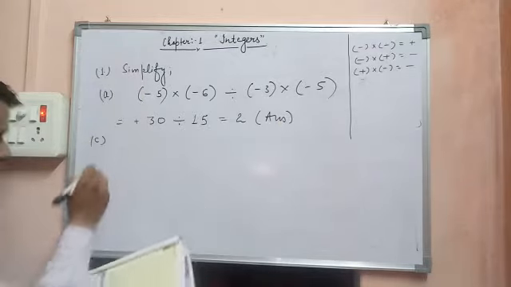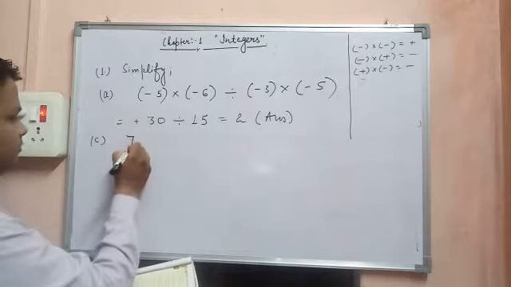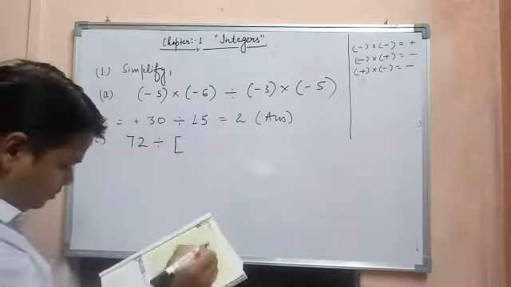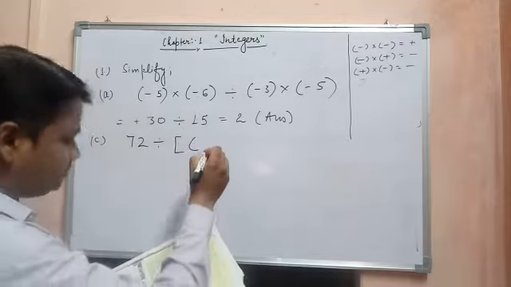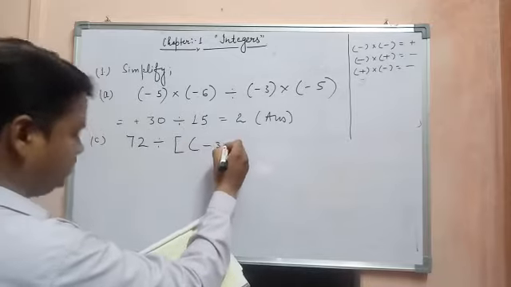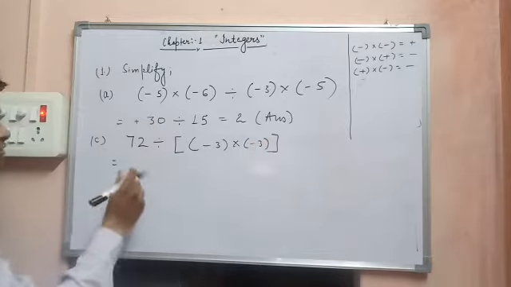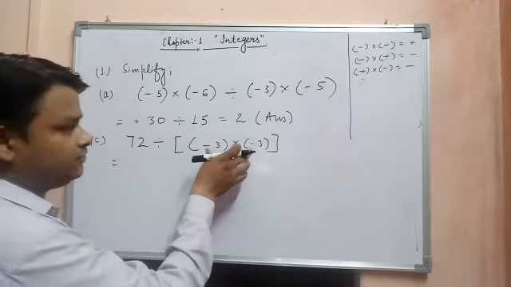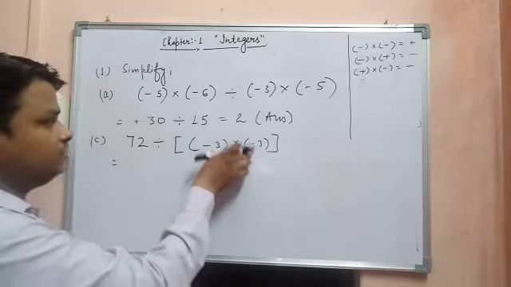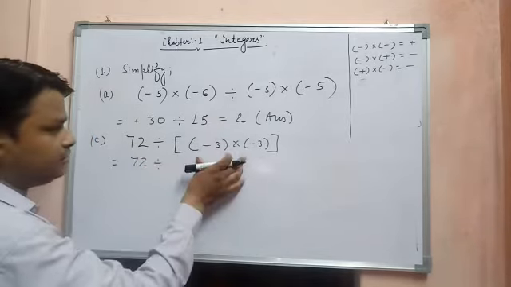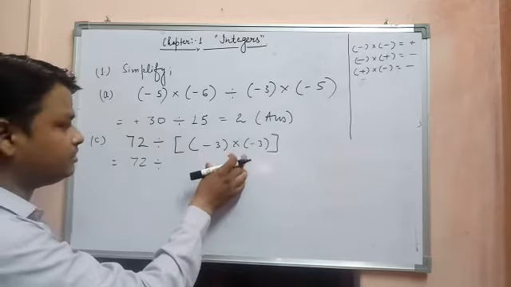Now we have to move on. Question number C: 72 divided by, in a big bracket, -3 into -3. Apply the same method from this solution. First you have to solve the bracket.